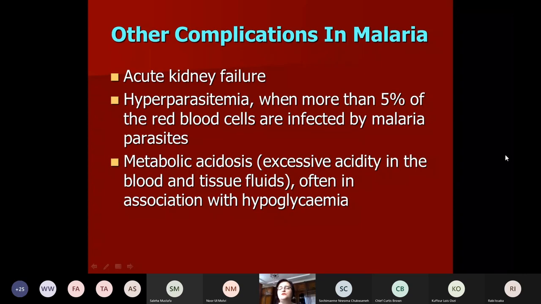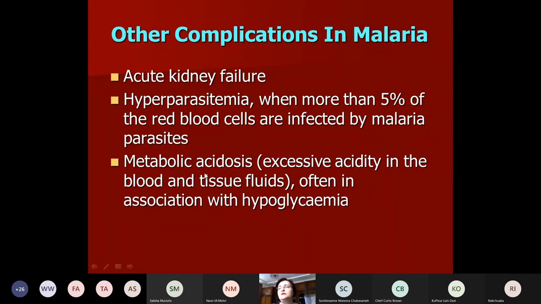Hyperparasitemia, when more than 5% of the red blood cells are infected by malaria parasites. Yes, it's not a good prognosis if more than 5% are infected. It can lead to death. Metabolic acidosis, excessive acidity in the blood and tissue fluids.